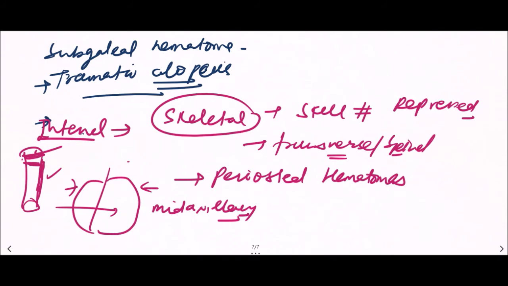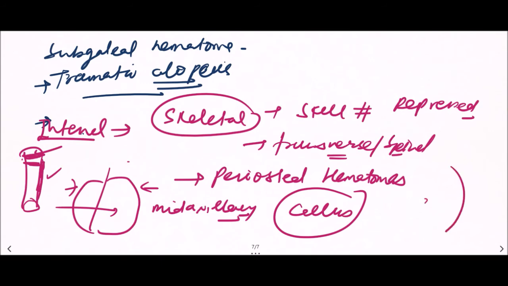Now, what happens once these fractures have occurred? After 1 to 2 weeks, there is formation of callus. So this callus basically appears on X-ray as a string of beads. On the ribs, these multiple calluses appear as a string of beads.